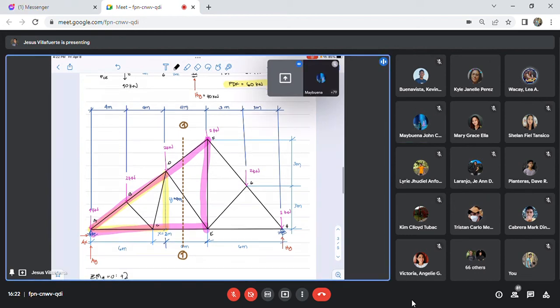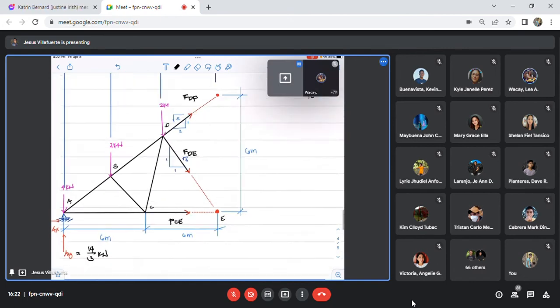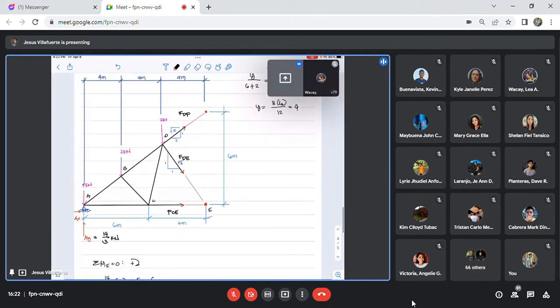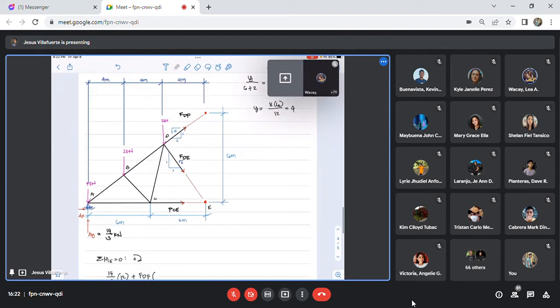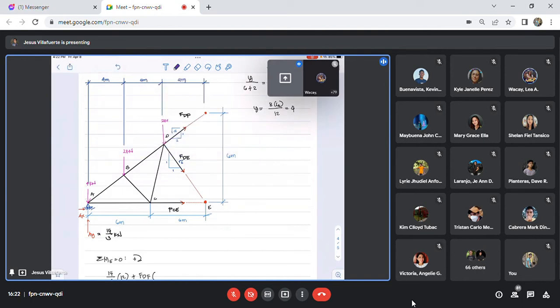So, to avoid confusion, break FDF into components. FDF has a vertical component and a horizontal component. This is FDX and then FDY. Right?